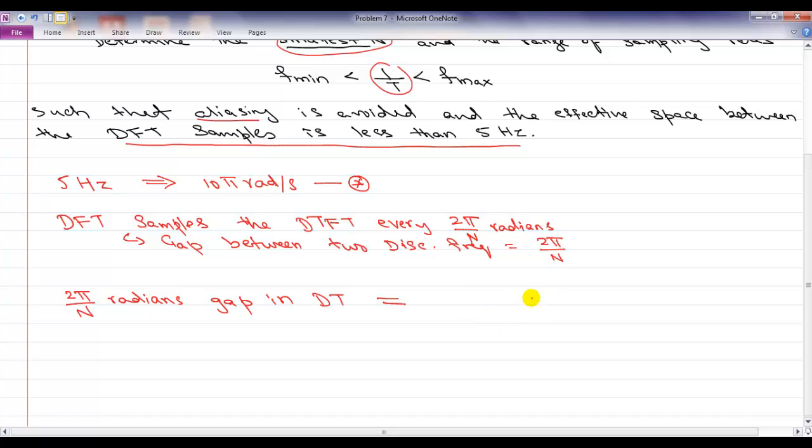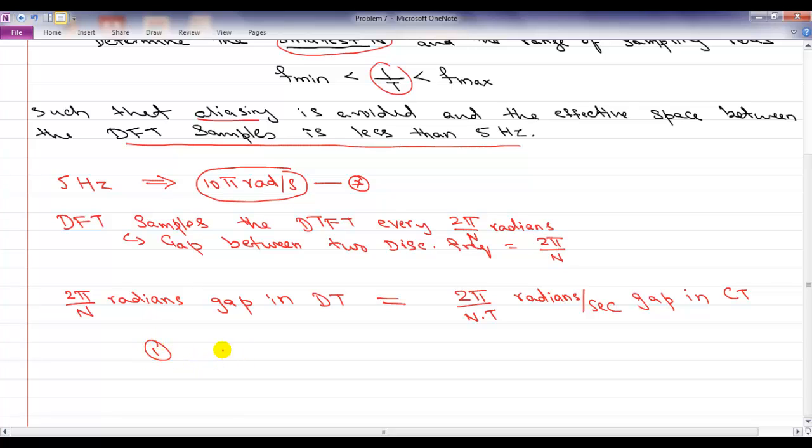So 2 pi over n radians gap in discrete time is 2 pi over n divided by T, which is 2 pi over nT radians per second gap in continuous time frequencies. Okay? So what we are told is that this gap should be no bigger than 10 pi radians per second.